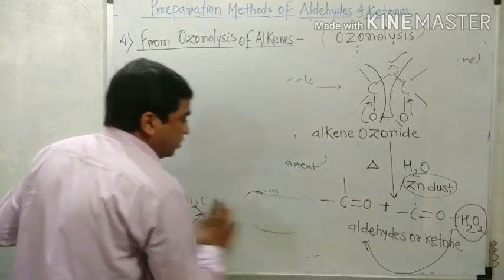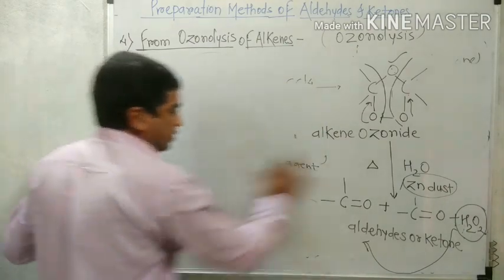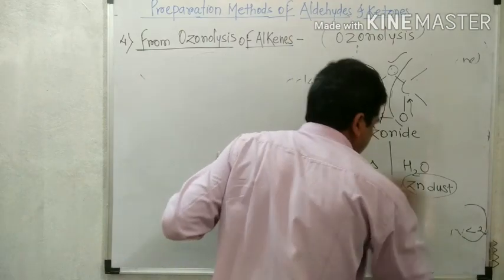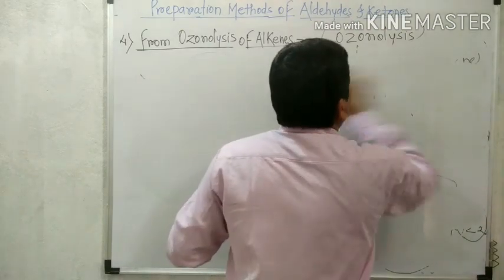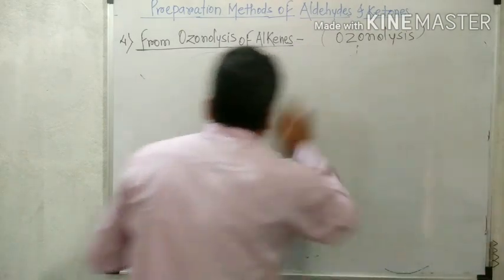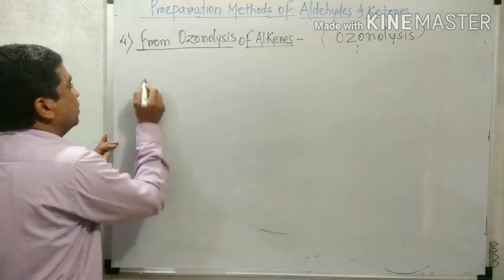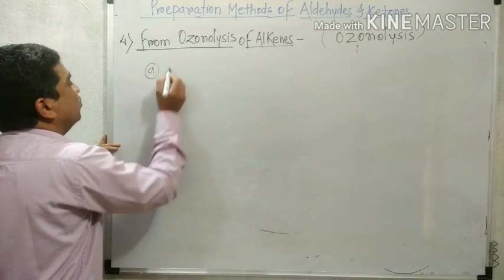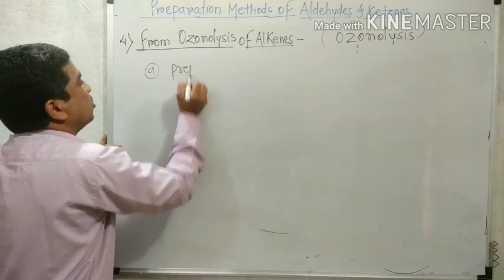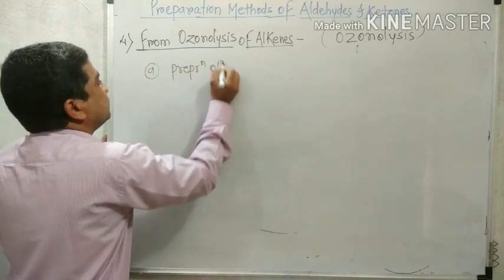Then we are going to discuss an example related to the process: how to prepare aldehyde from the process. One example for preparation we will take here. First of all, from this process, preparation of aldehydes.